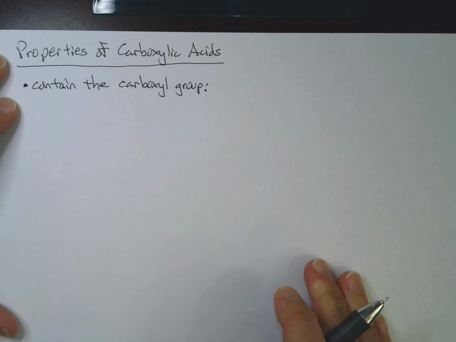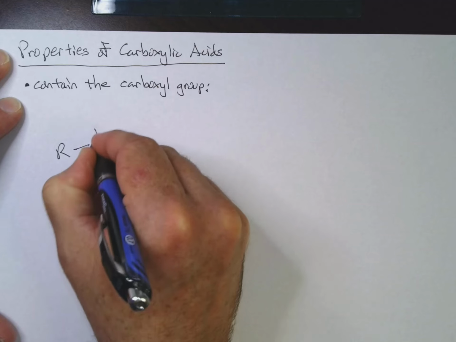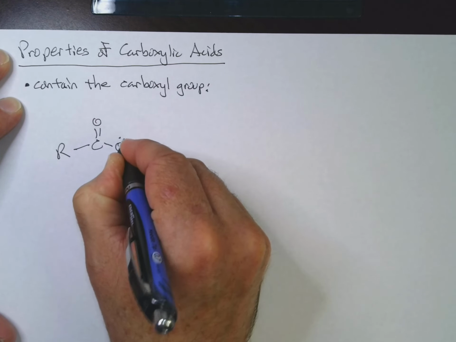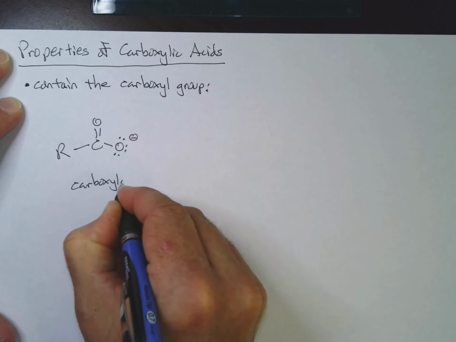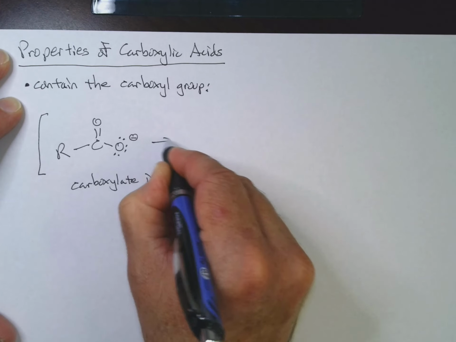All right, so if I look at my carboxylate ion here, I can draw a resonance structure, of course.